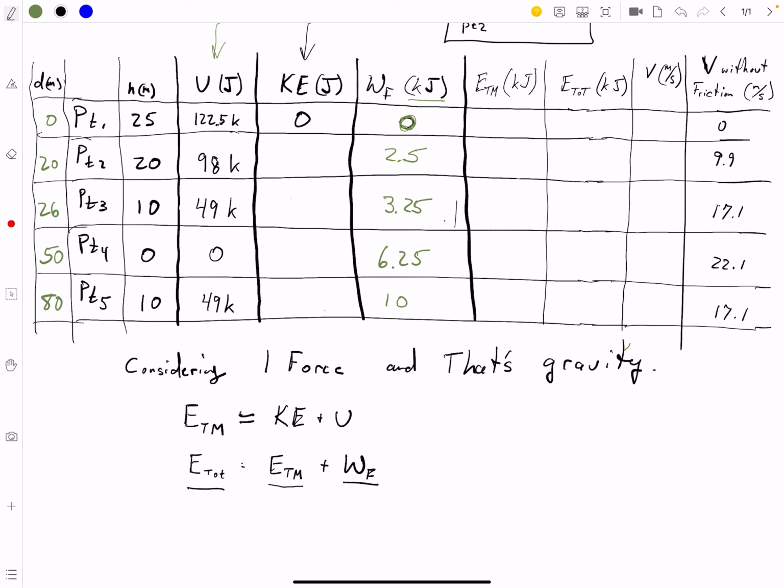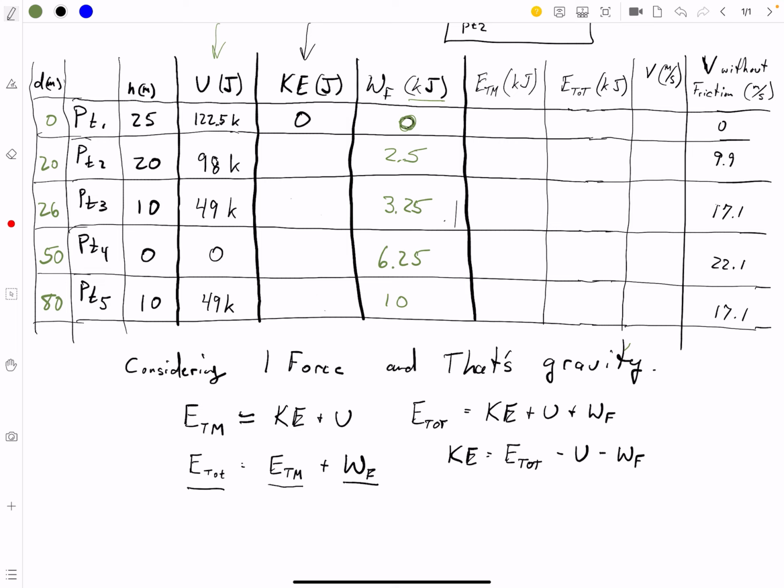All right. Let's write E total equals KE plus U plus the work of friction. That means that KE equals our total energy minus our potential energy minus the work of friction.